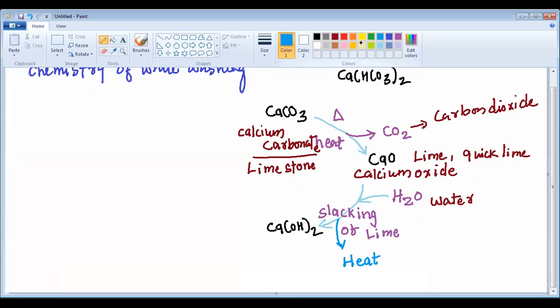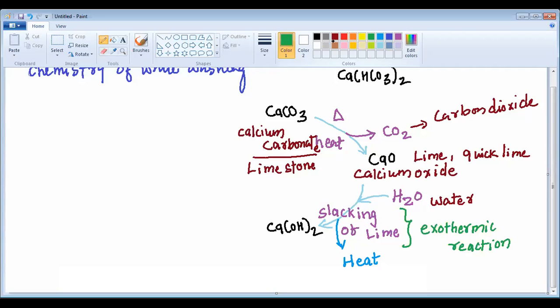And that is why, my dear students, this slaking of lime is an exothermic reaction, and during this process a huge amount of heat is produced.